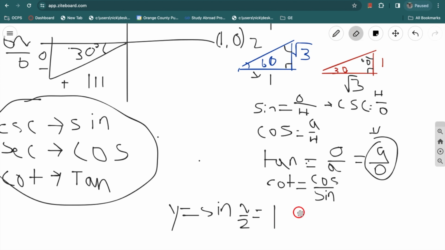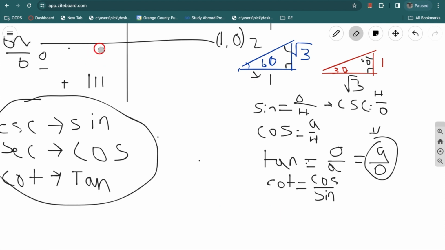Now there are other types of problems that you're going to be asked. It's not going to be about finding the ratios, it's going to be finding the angle. So it's often going to go like this: sine x equals, let's do 3 pi over 2.